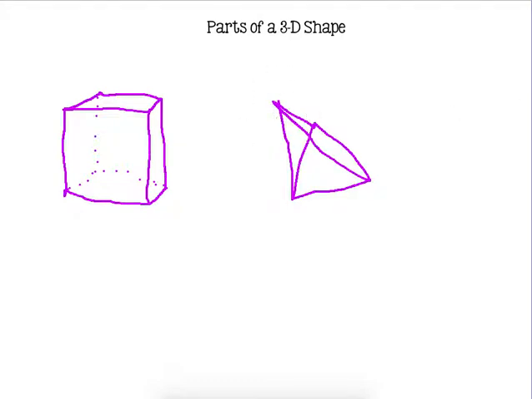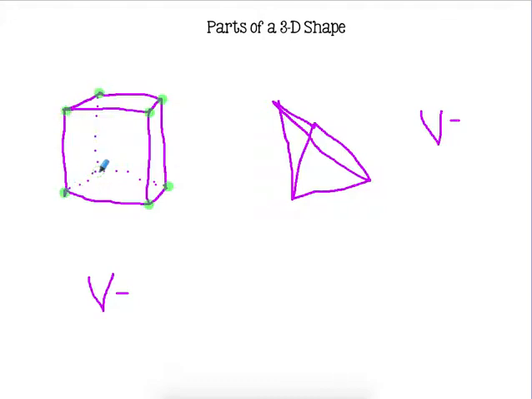Now, just like in our 2D shapes, these shapes have vertices. Now, if you remember, a vertex is where the line segments come together to form a point. So to find the vertices of a 3D shape, we just go around and count all the points where the lines come together.